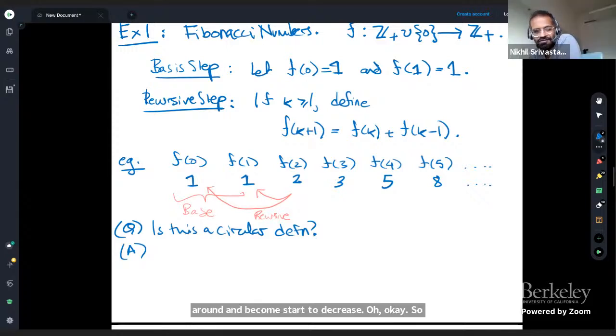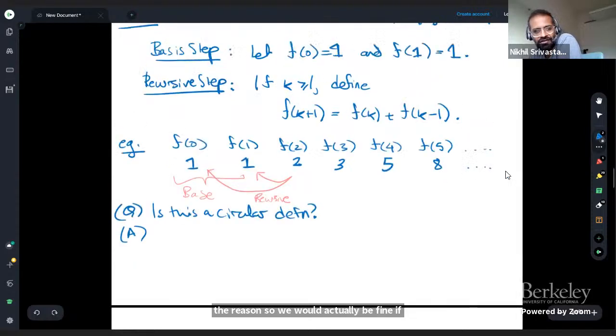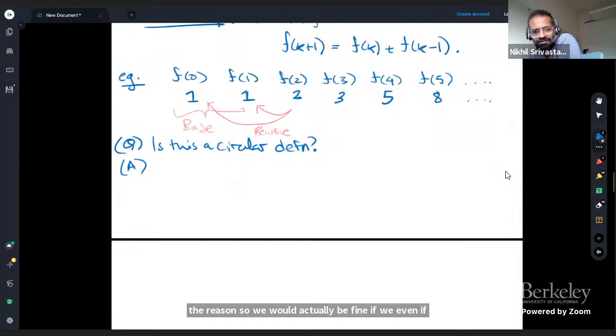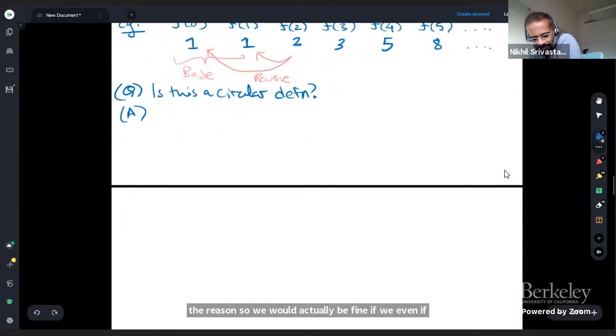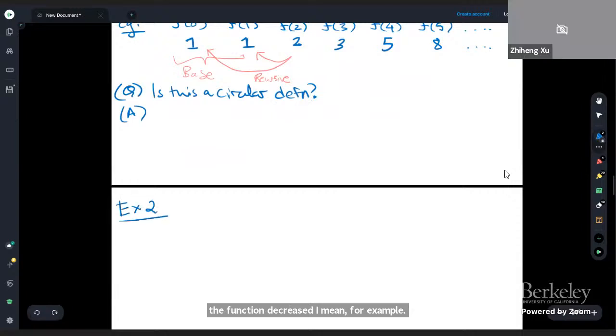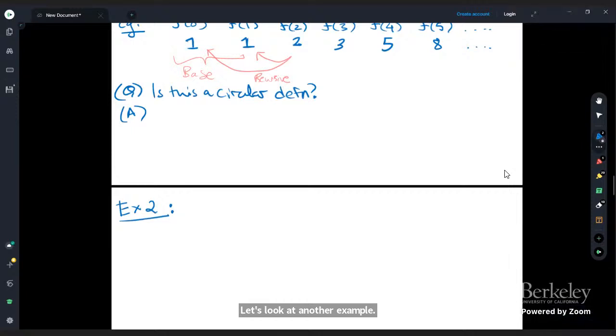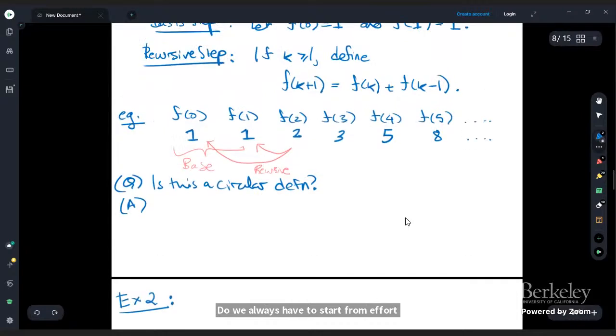So that's not the reason. We would actually be fine even if the function decreased. Let's look at another example. Wait, do we always have to start from f of 0, or can we also start from f of 1?